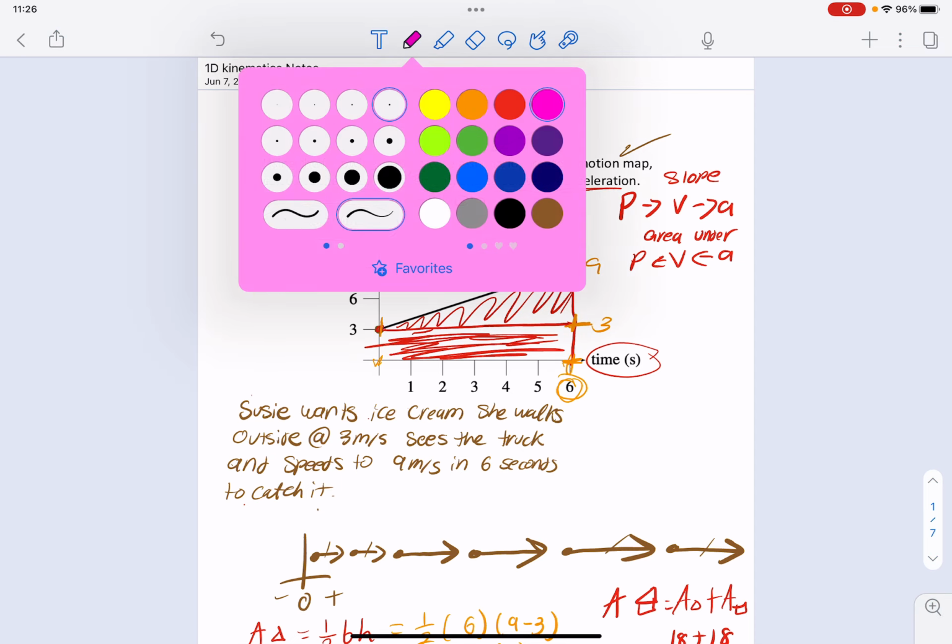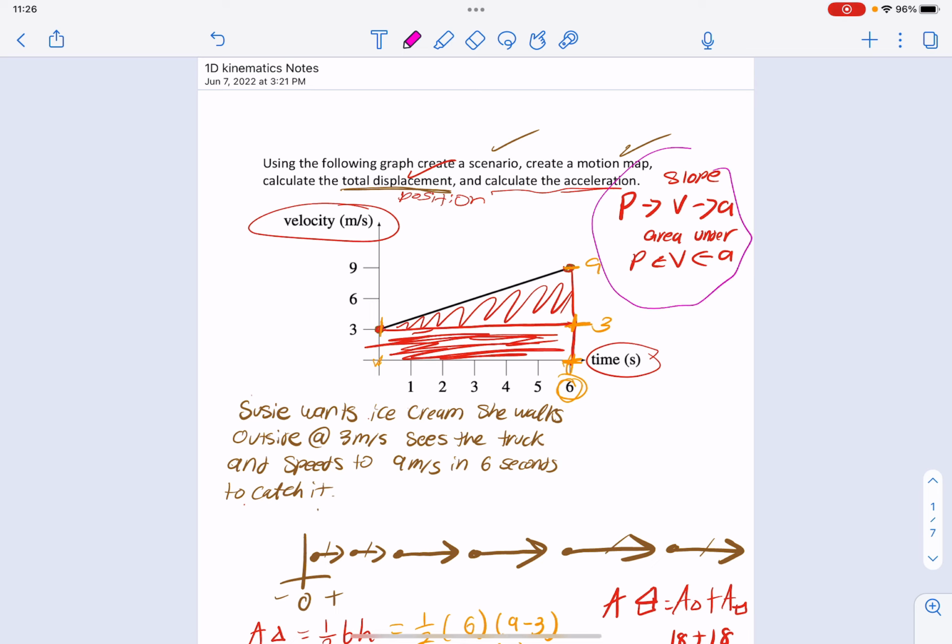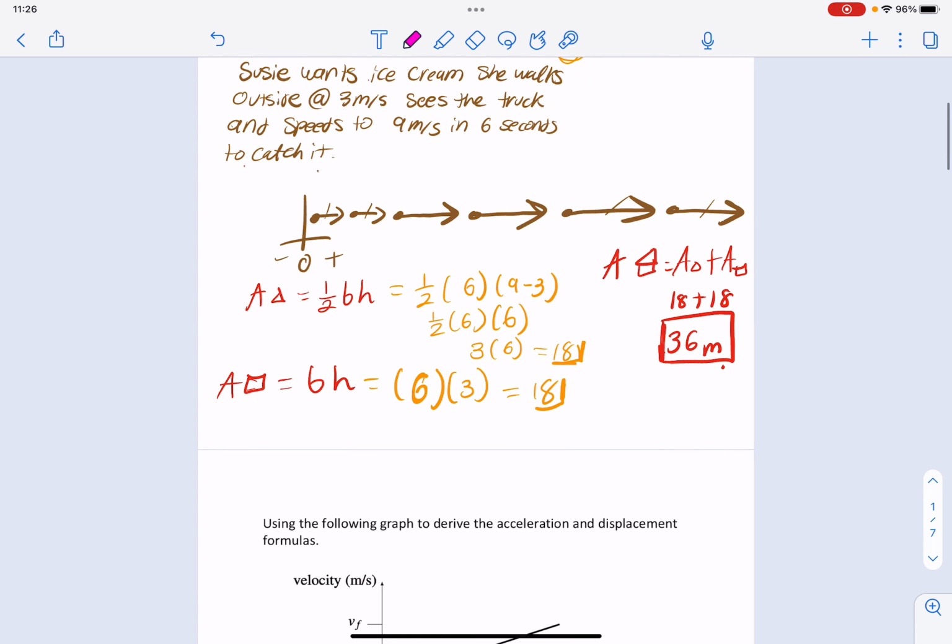How can we find our acceleration? We go back to this rule over here. We're going from velocity to acceleration. We got to figure out the slope. So let's figure out the slope. Slope is y2 minus y1 over x2 minus x1, right? Rise over run.